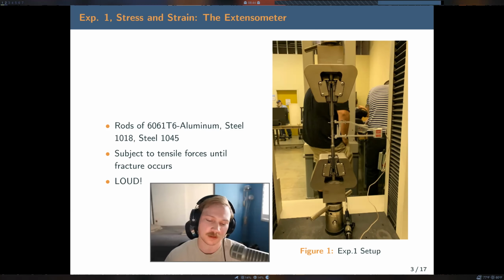It's going to basically split in half. It's really loud, so I'm telling you that now. Just be prepared. It almost sounds like a gunshot. It's extremely loud. You can kind of tell when it's going to fracture, but it's not down to the second, so it can be a little surprising.